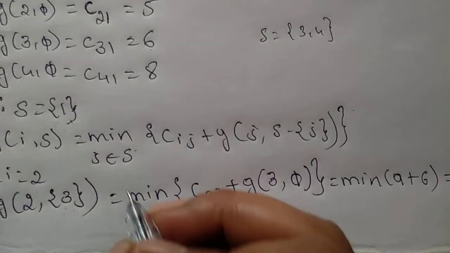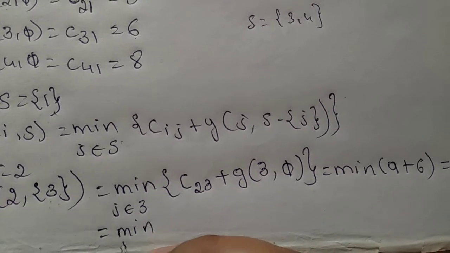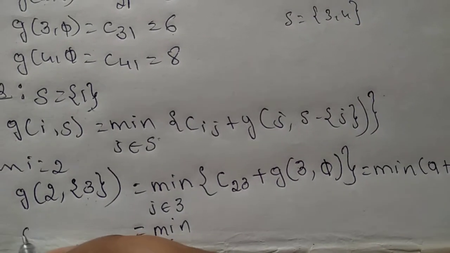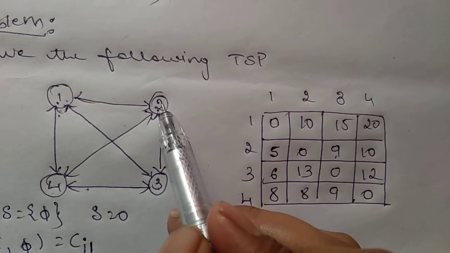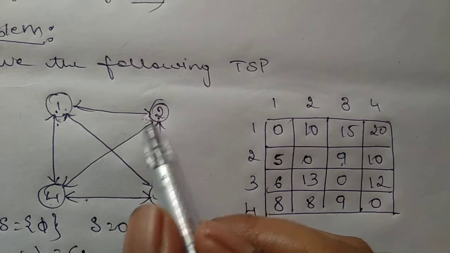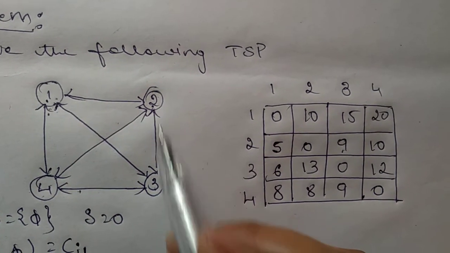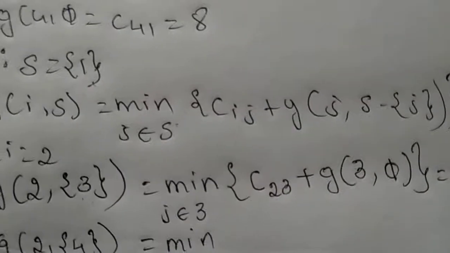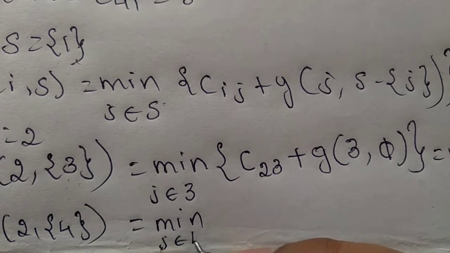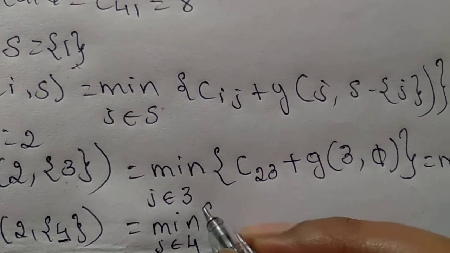Okay. Now, in the same way, I'll take min G of 2, 4. See here, from 2 you can either go to 3 or to 4. I have considered first that it is going to 3. Now I consider that it is going to 4. So min, j belongs to 4, that is j is equal to 4, because only one element is there here.